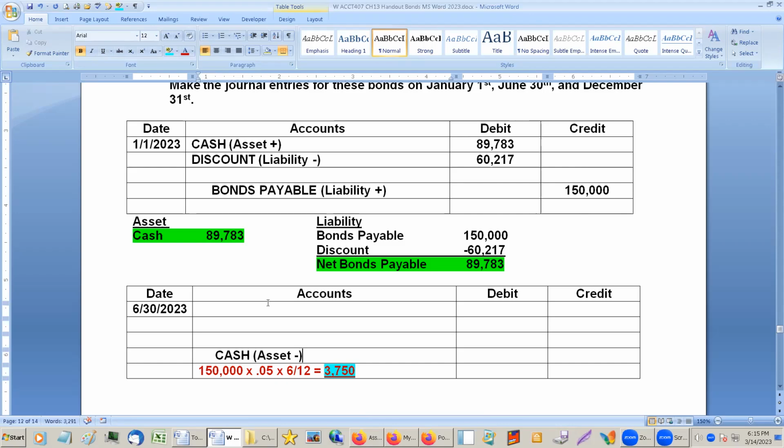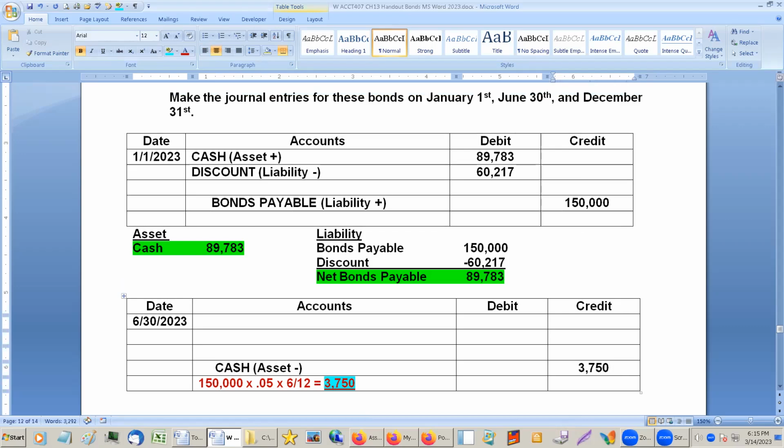We got to pay this interest payment of $37.50. And again, this comes off the indenture agreement. Regardless of what we sell it for, this is what we have to pay because that is what's on the contract.